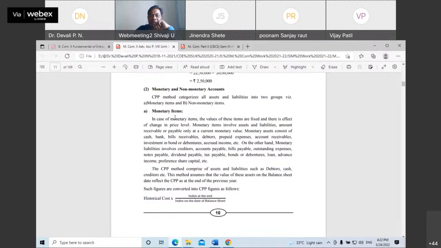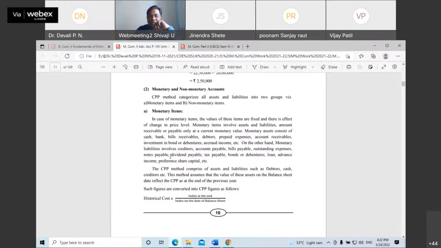On the other hand, we also have some liabilities, and they are called monetary items, like creditors, accounts payable, bills payable, outstanding expenses, notes payable, dividend payable, tax payable, bonds and debentures, loan advances, income, preferential capital. All these are known as the monetary liabilities.